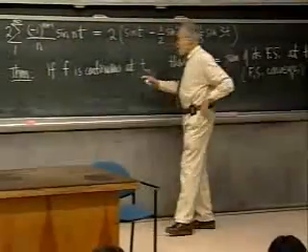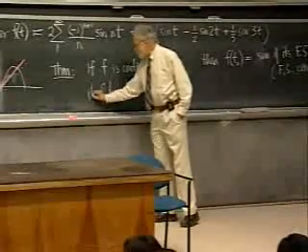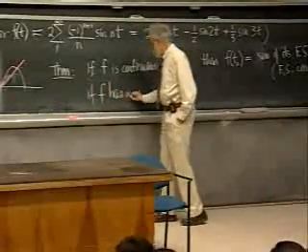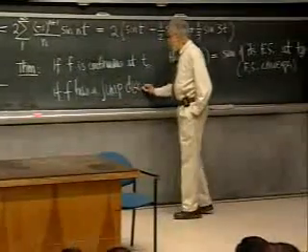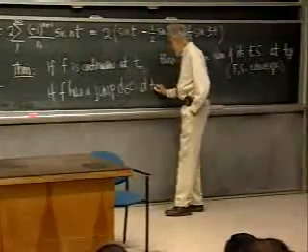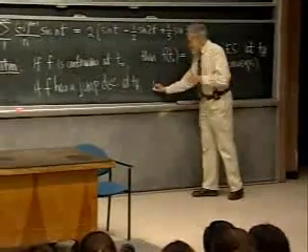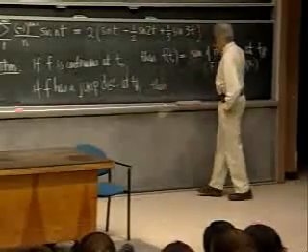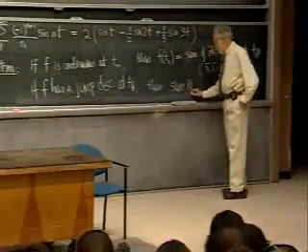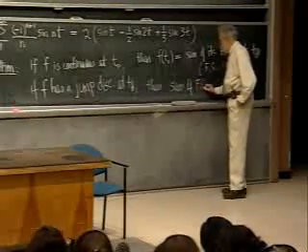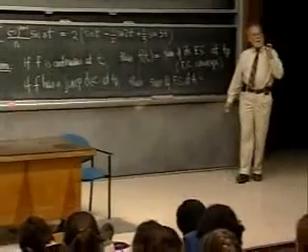So if f has a jump discontinuity at t0, and as I said, that's the most important kind, then the Fourier series converges to the midpoint of the jump.